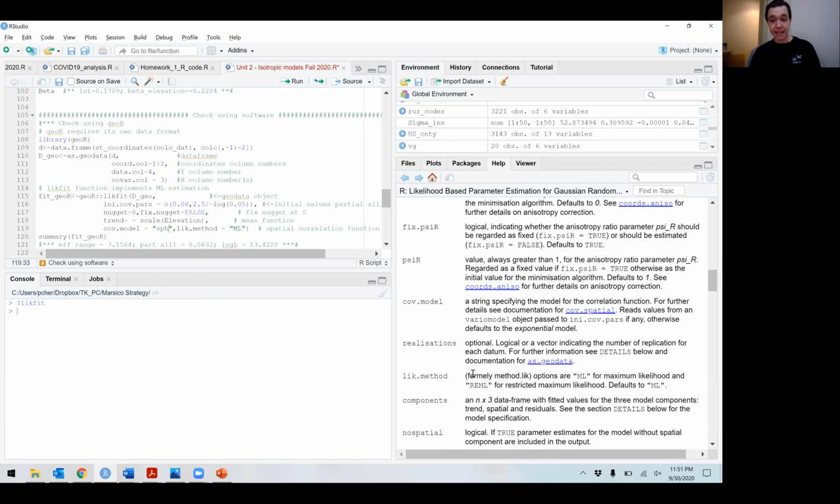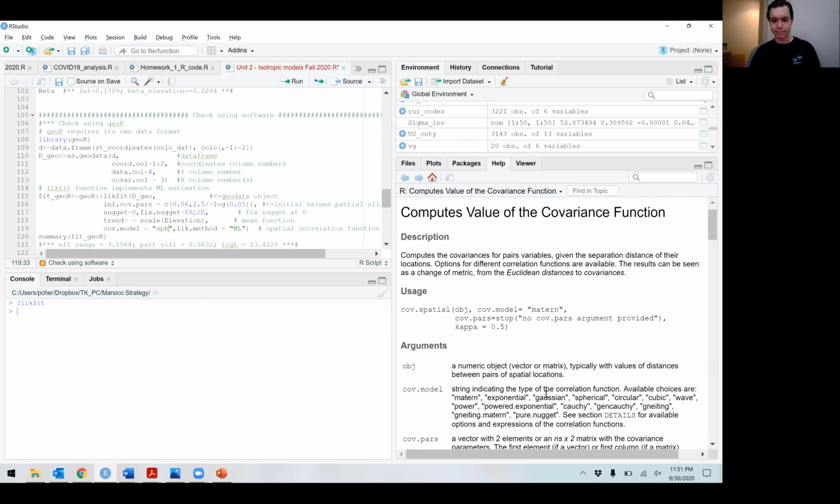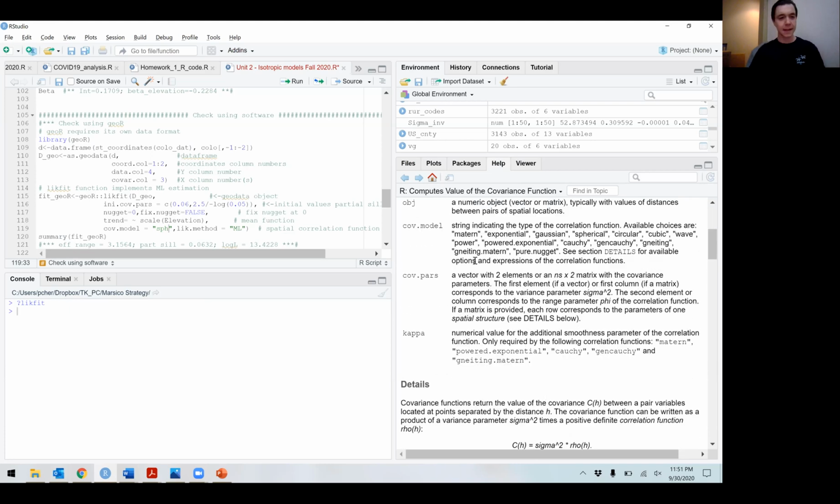And we have seen a few of these before. I was working with the exponential, and you don't have to type the whole thing out. And now I will switch to a spherical. If you recall, the spherical is the only correlation function where the parameter is actually the range of the data. So let's see this transpire in our estimation.